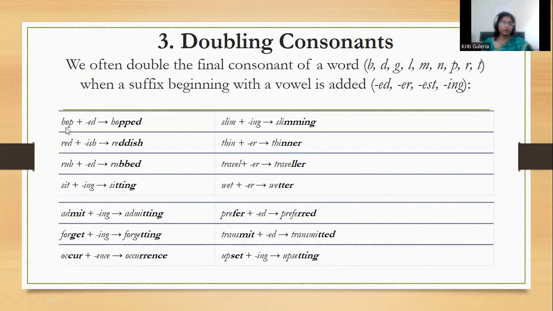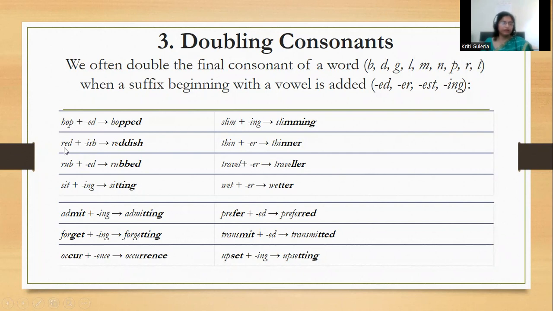For example, the word is hop, and we have to add ed to it. So ed is starting with a vowel. So the final consonant of this word, p, will be doubled. The new word which will come out will be hopped. Clear?